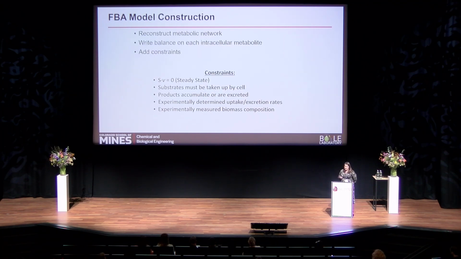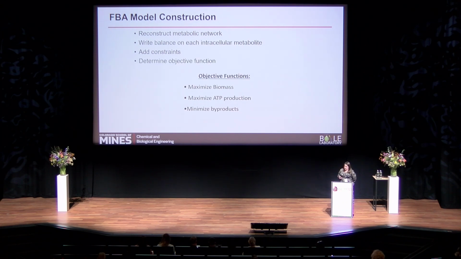Typically, if you're doing this on a genome scale, you have thousands and thousands of reactions and not enough experimental data to solve it directly, so what we have to do is add constraints. The first thing is steady state, so we're assuming that nothing is accumulating within the cell. We define substrates as being taken up by the cell, products being excreted, and then we also add experimental data.